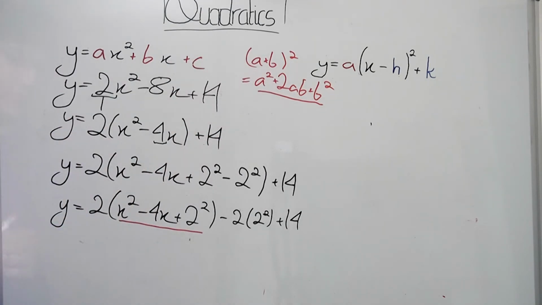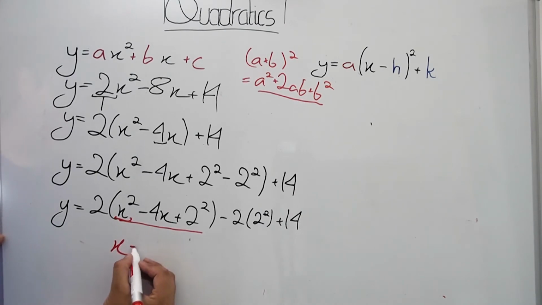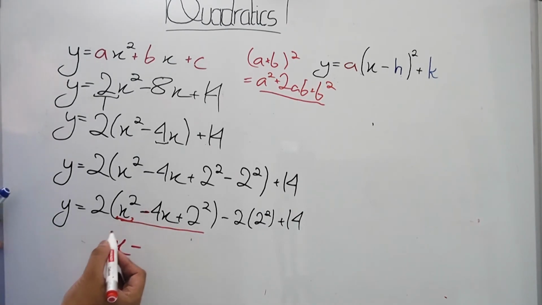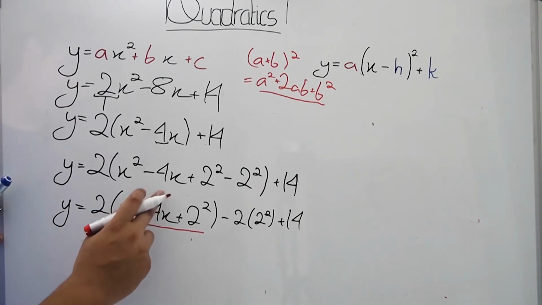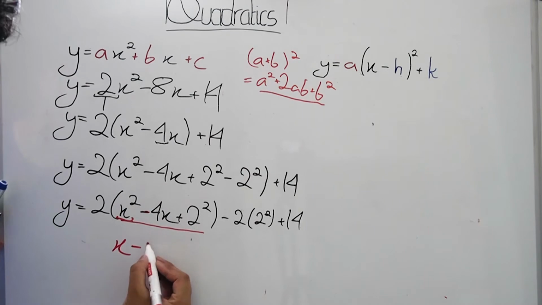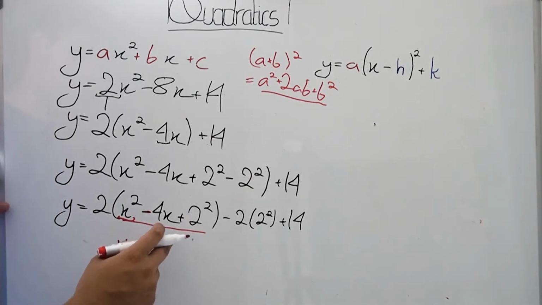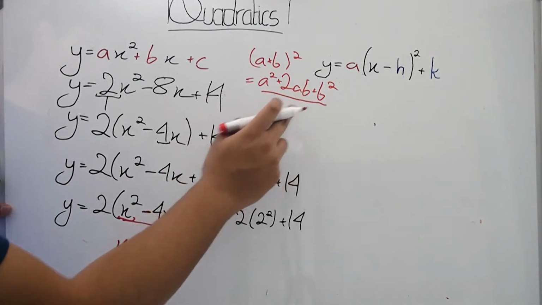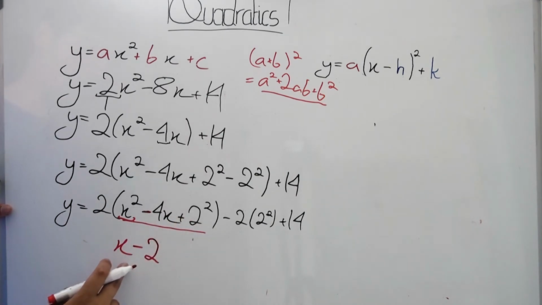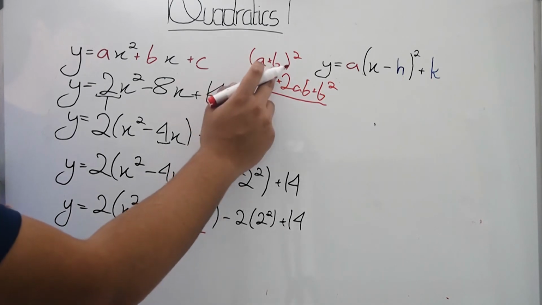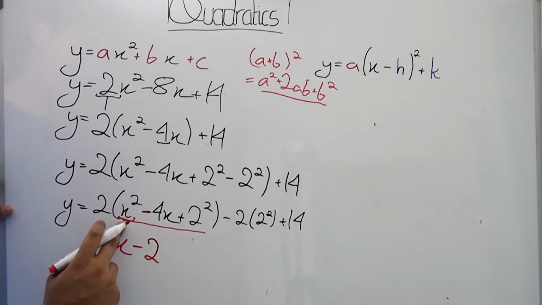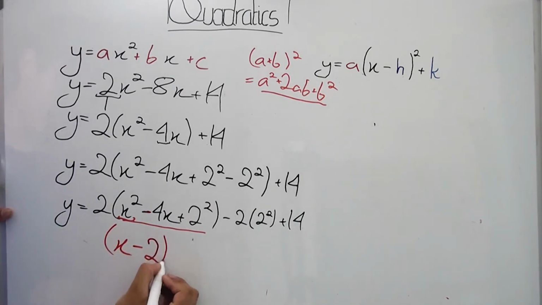So how we'll do it is we'll take x, x minus, because this is minus we'll use minus, if this was positive we'd use positive. We'll skip this part and 2, because as you notice this is a square and this is b square, so all we have to do is use a and b. x is a, 2 is b in this equation, so it will be x minus 2, and we'll add whole square.